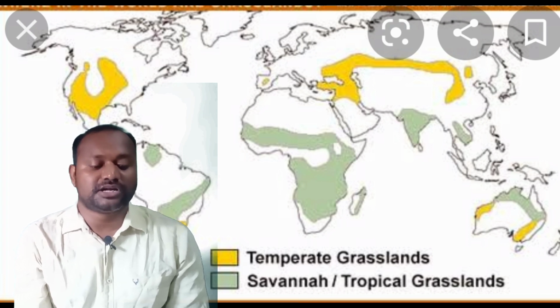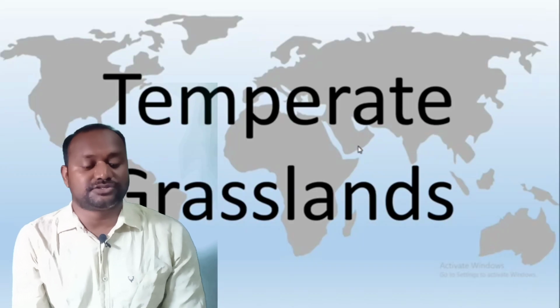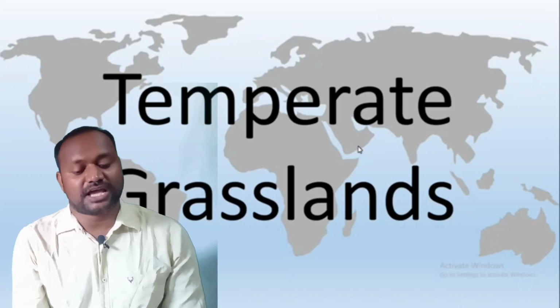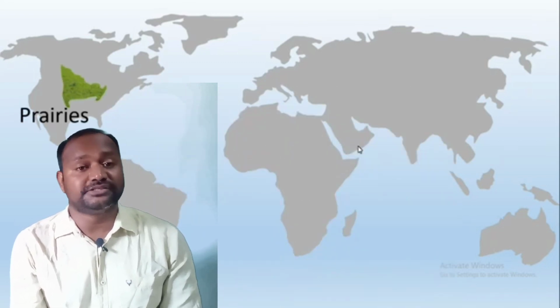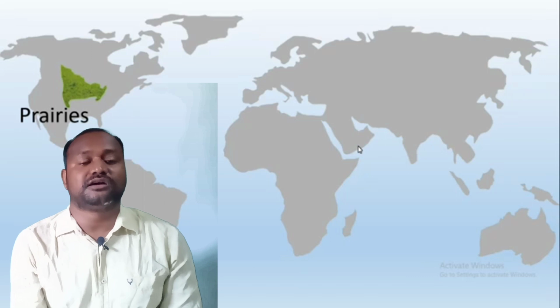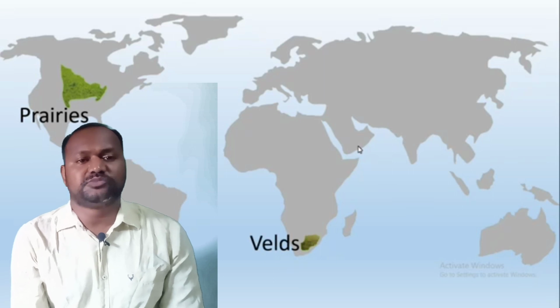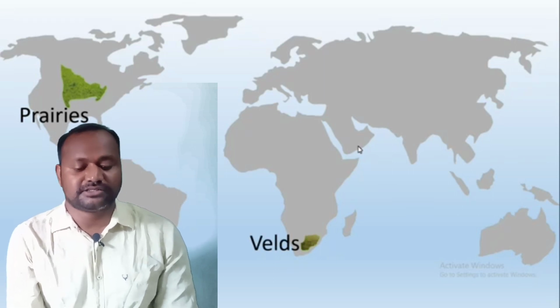Let's discuss the temperate grasslands. Students, these grasslands have hot summers and cold winters. Here the summers are comparatively dry compared to the winter. Winters are wet, and the rainfall is moderate during the winter season.